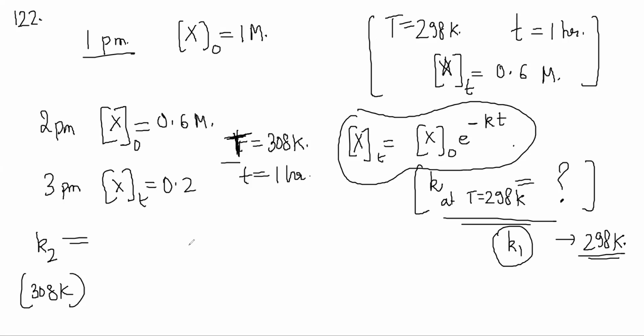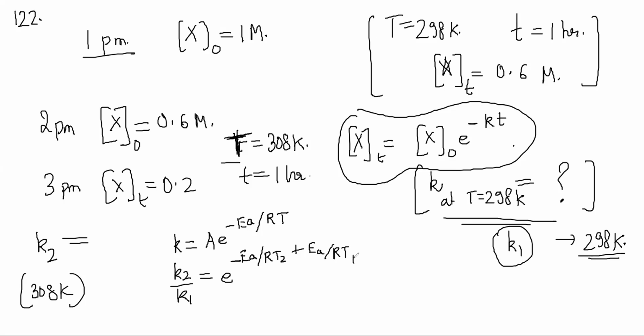You have this relation k is equal to A e to the power minus Ea by RT, right? So K2 by K1 will be e to the power minus Ea by RT2 plus Ea by RT1, right?